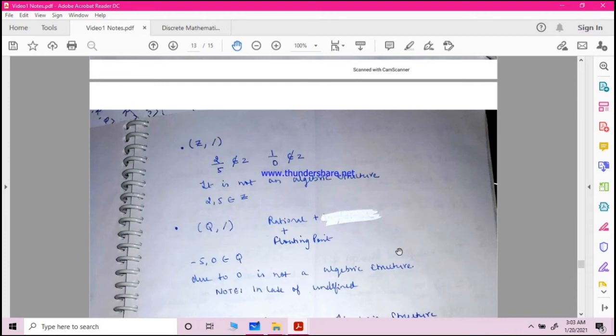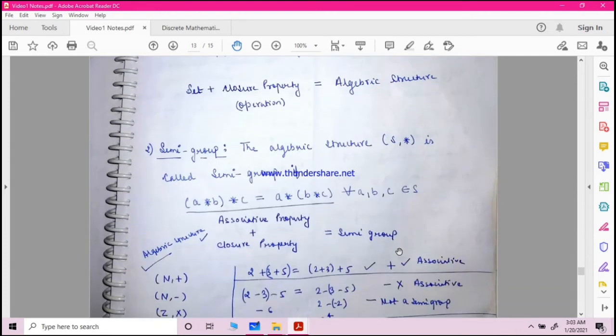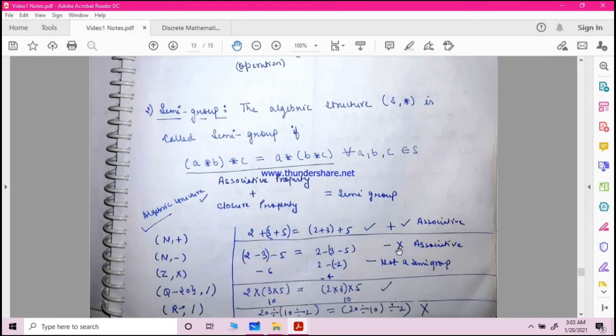What is a semi-group? The algebraic structure S with a binary operation is called a semi-group if the associative property is true and the closure property is also true. If the closure property and the associative property are true in any structure, then this is called a semi-group.